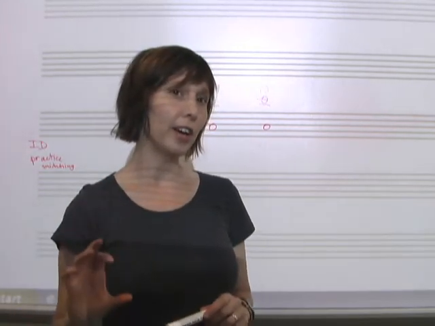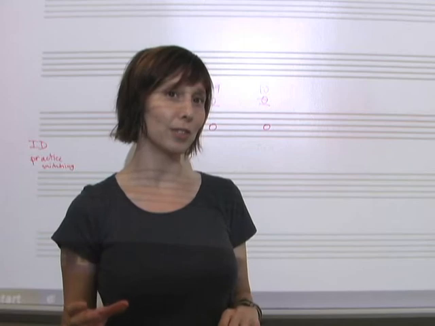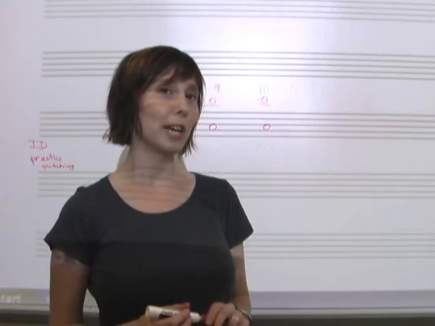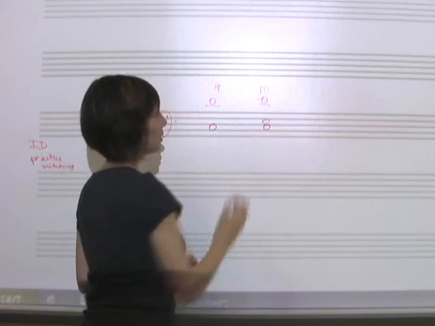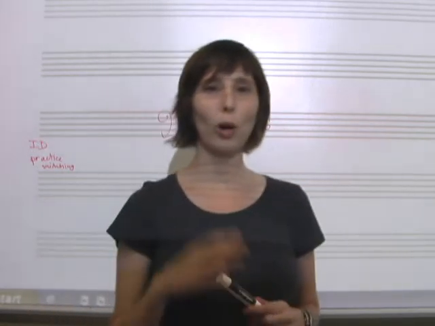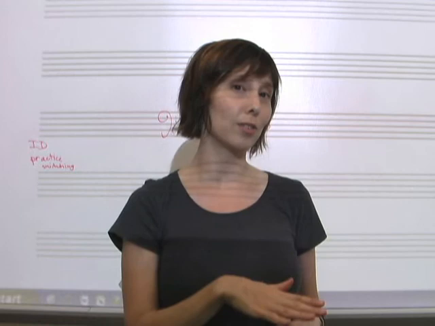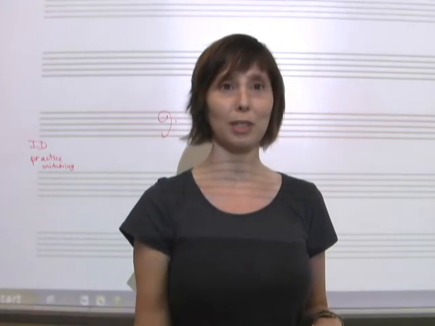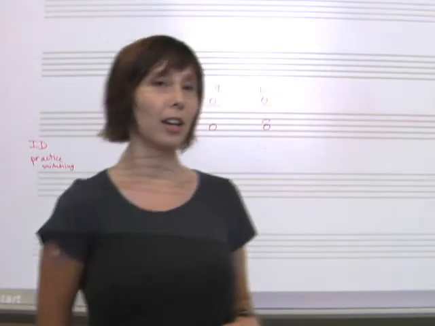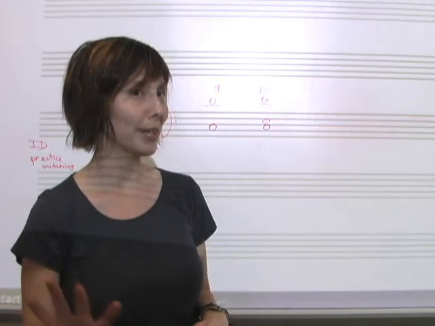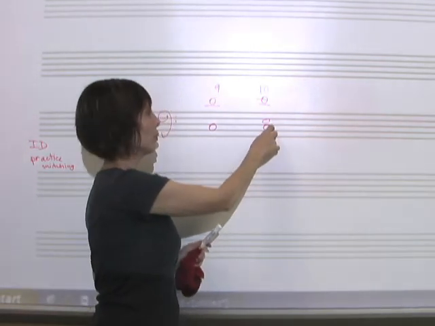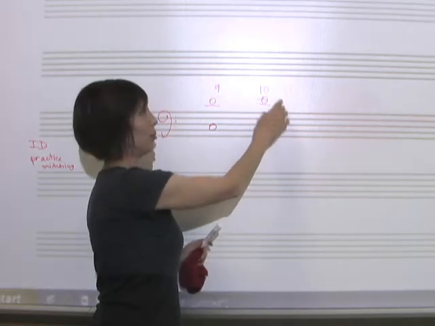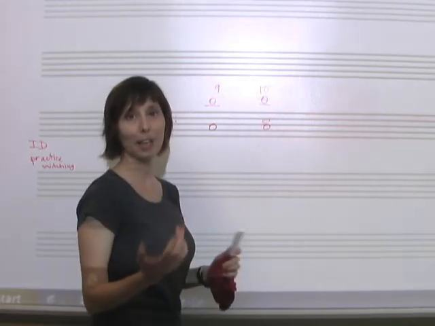So to figure out what a compound interval is, a really easy way to do it is just to move the note down, figure out what it would be if it was an octave closer, and then add the number 7 to it. Seems a little odd, perhaps, but not really. So this one here, it would be a third. 1, 2, 3. And because it's raised an octave, it's a tenth.